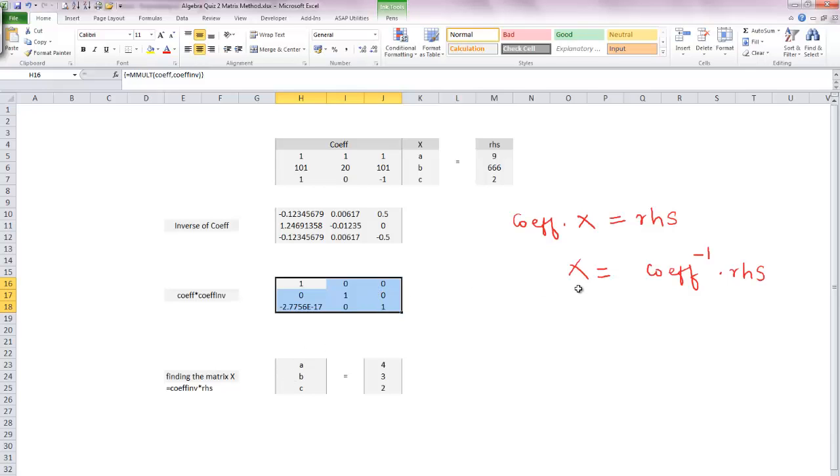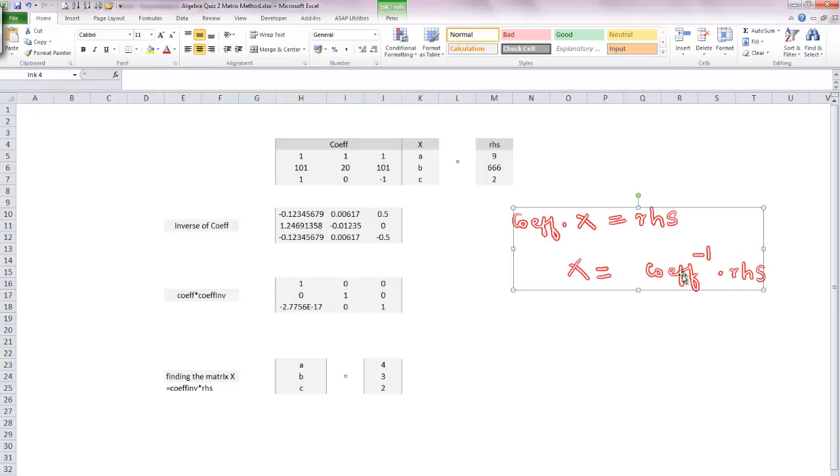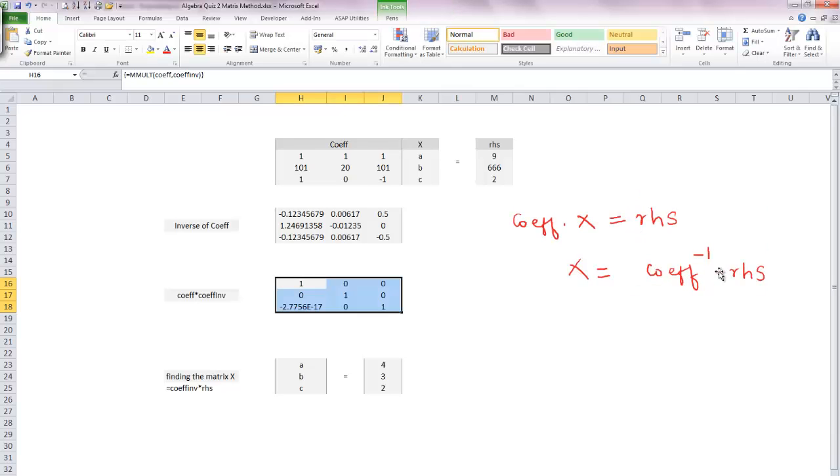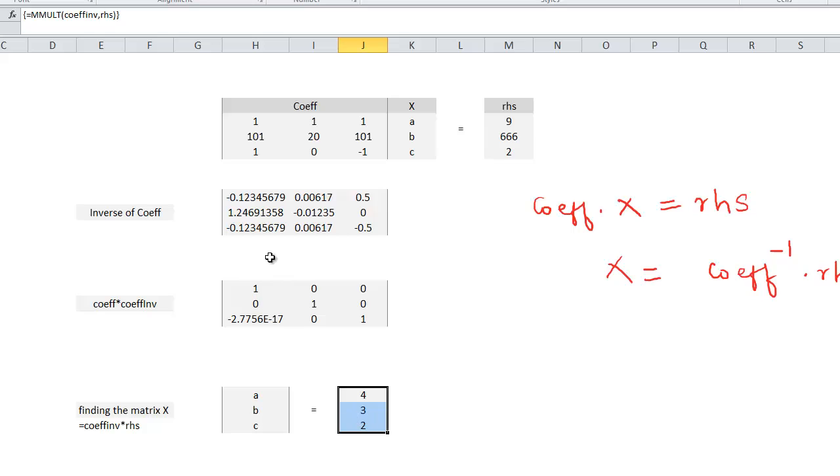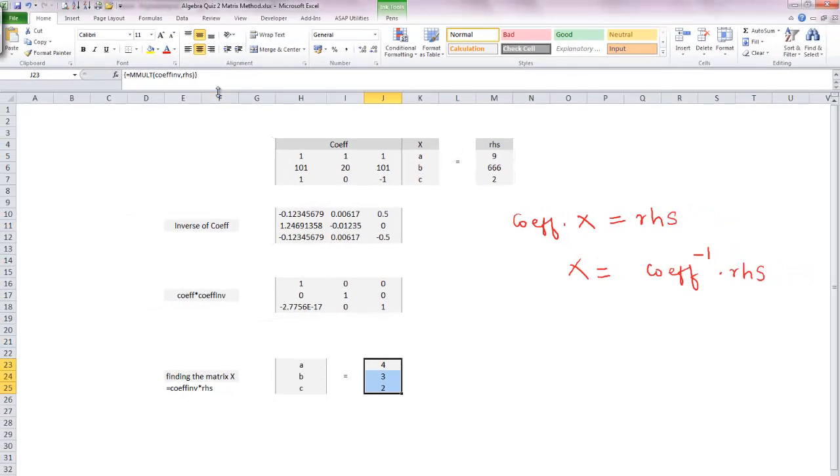Then to find x, I multiply the coefficient inverse by the RHS, which is going to be a 3 by 1 matrix. I used matrix multiplication again, coefficient inverse times RHS, Control Shift Enter. Excel puts the curly brackets, and you get A is equal to 4, B is equal to 3, and C is equal to 2. So that's the third method of doing it.